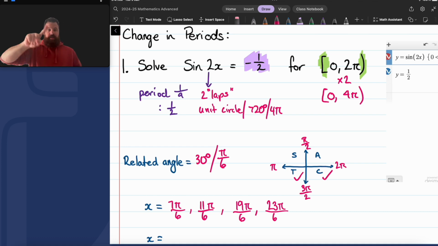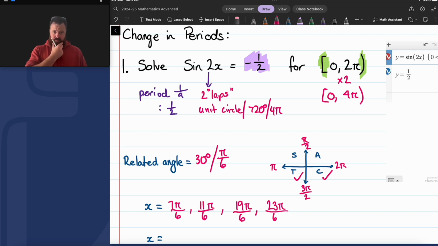And then the next solutions after that, again, would be just to add 2 pi onto what I've just done. Because remember, we've got that cyclic repetition where it's the same curve, the same curve, the same curve. So once you found the first couple, those solutions would always be 360 degrees later, 360 degrees later, or if you're dealing in radians, 2 pi, 2 pi, 2 pi.